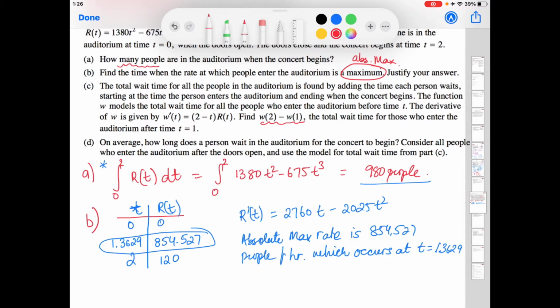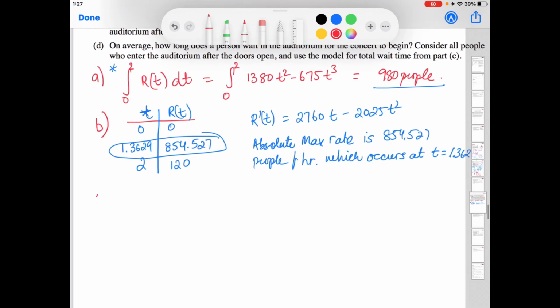So what is given to us here, our W of 2 minus W of 1 is our displacement, right? That could be found by taking the integral from 1 to 2 of W prime of t, right? It's a weird way of asking the same thing, but that's what we are doing. So this is displacement, which we know. So we can set up the integral from 1 to 2 of W prime of t.